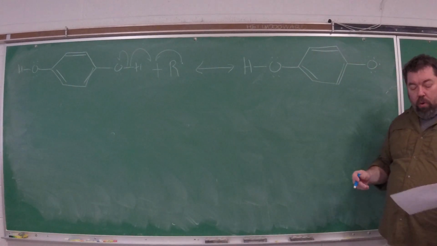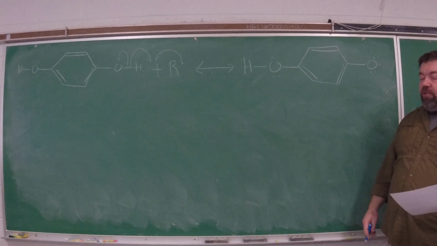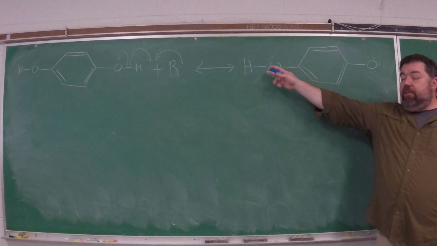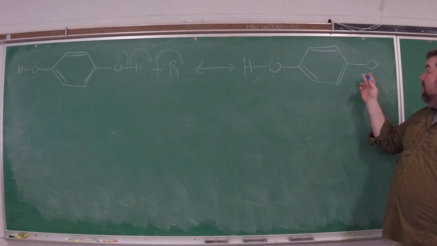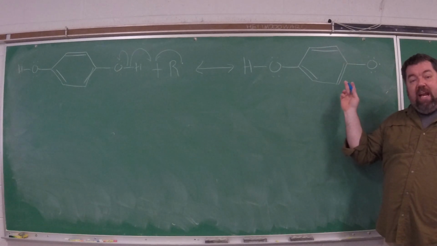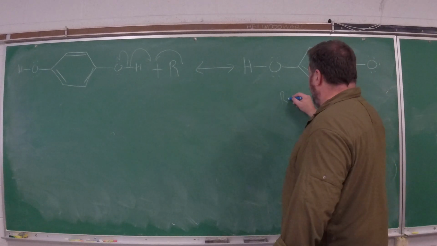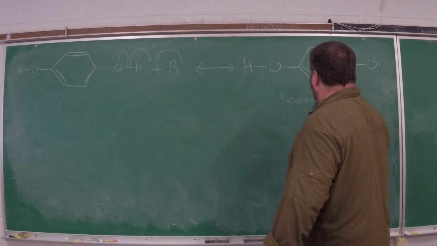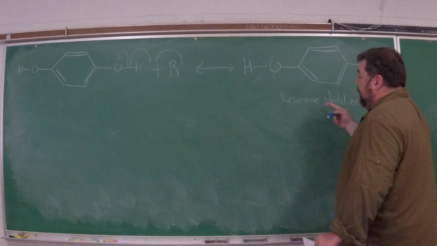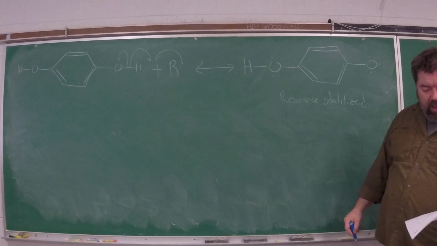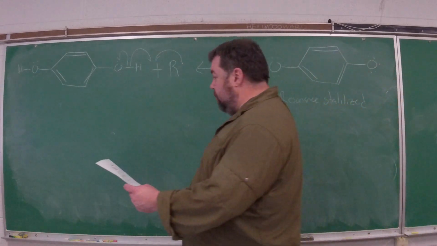Now, there's a couple things going on here. We can do the same thing on the other side, okay? We can have another hydrogen abstraction over here. But however, I want you to know this again is also resonance stabilized, right? Resonance stabilized, this right here. But we can have another reaction on the other side. And I guess I'll draw that also.